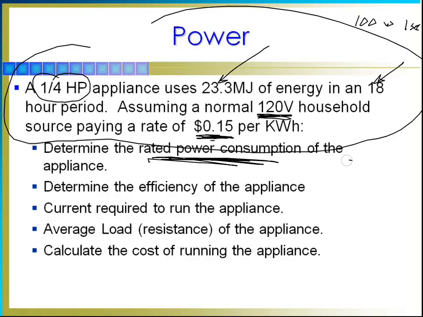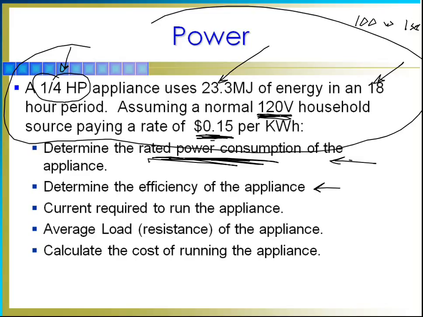So from this information, we can determine the rated power consumption for the appliance. We can determine the efficiency of the appliance. And that goes back to the fact that the output of that appliance is supposed to be a quarter horsepower. Now, how much energy does it take to actually generate that 1/4 horsepower? We'll be able to calculate that.